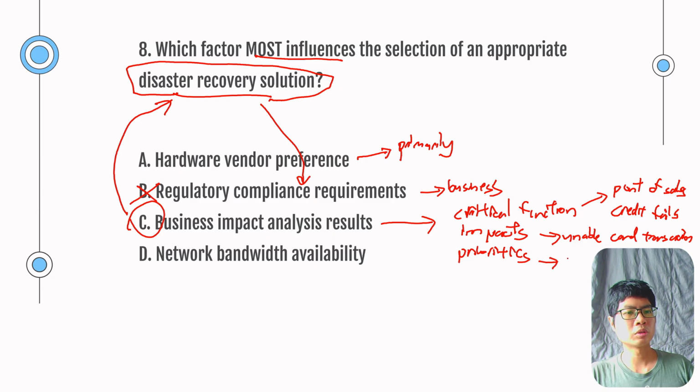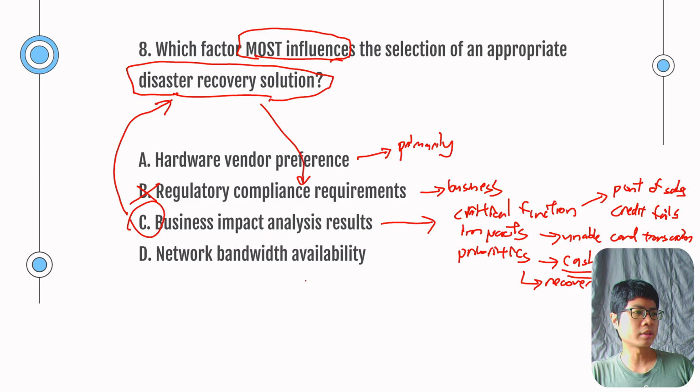So let's revert to cash in the meantime while we try to recover the system. And this would most influence the selection here, because we would definitely want to move to cash first, and we would need people and a cash register and things like that as part of our disaster recovery solution.